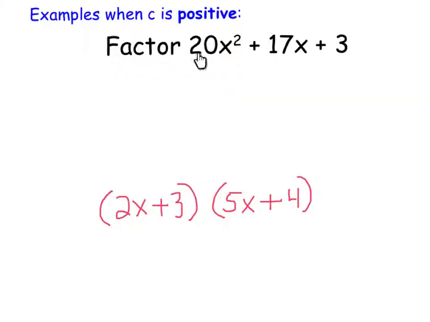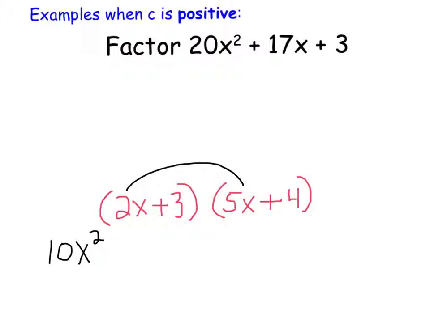Okay, before I show you how to factor this, I want you to remember where this came from. This came from two parentheses multiplied to each other, two binomials. So what I'm going to do really quickly is multiply these together and show you something. I'm going to do this multiplied to this, and I get 10x squared.